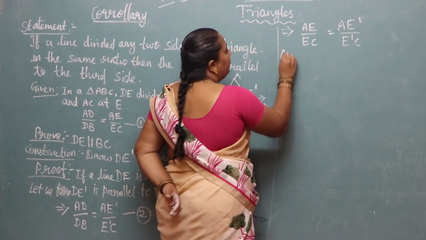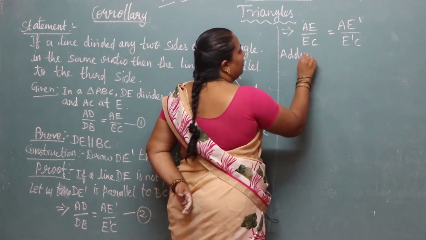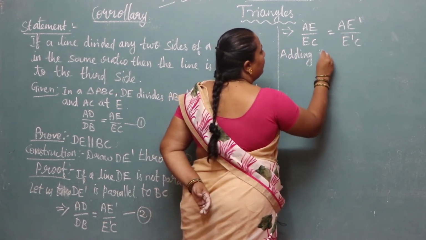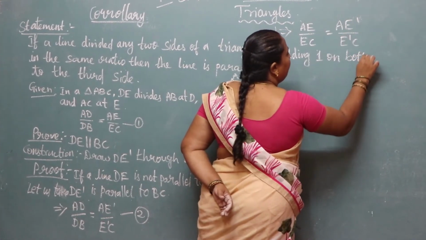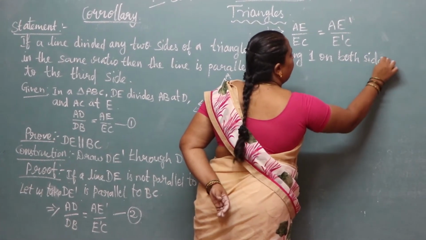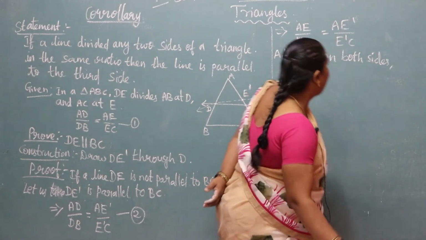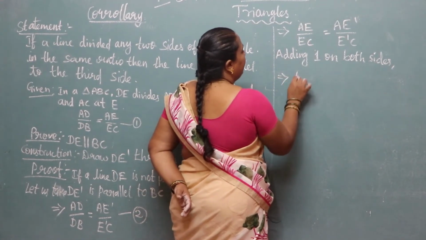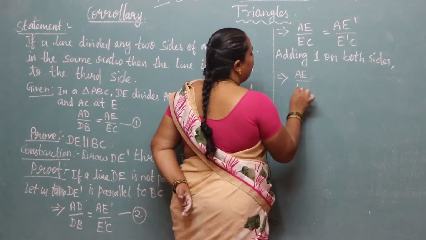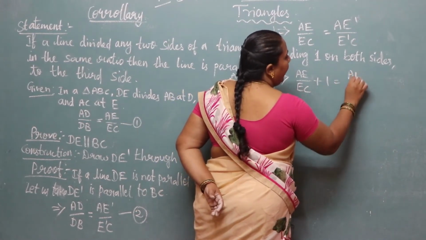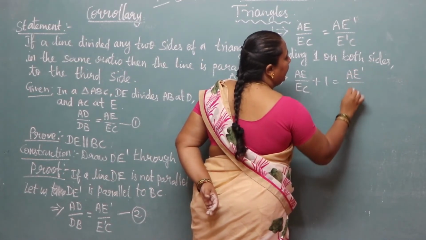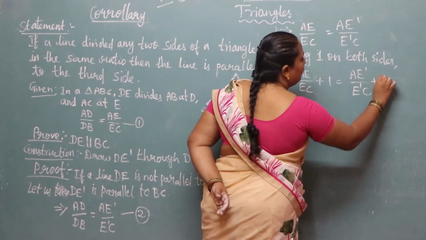Okay, adding 1 on both sides. So we are adding here AE by EC plus 1 equals AE dash by E dash C plus 1.